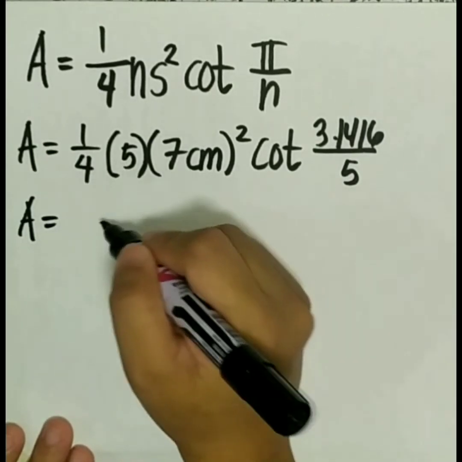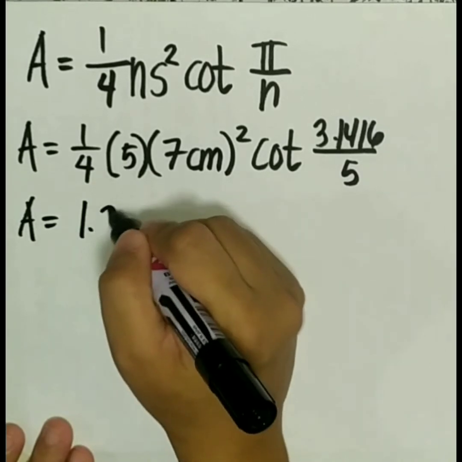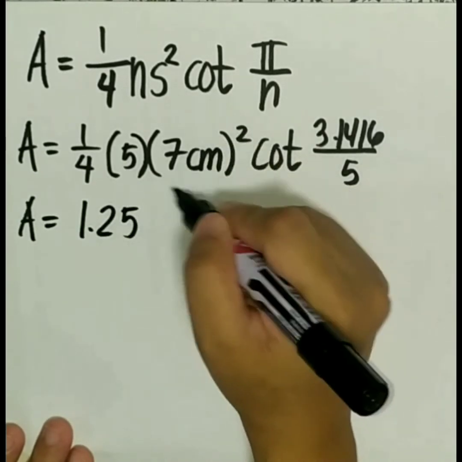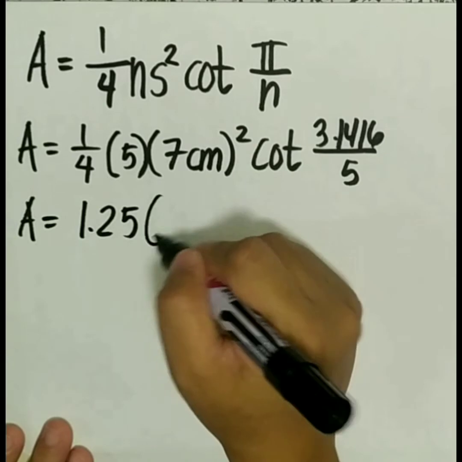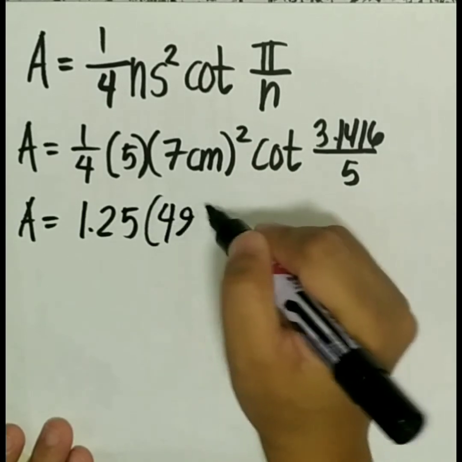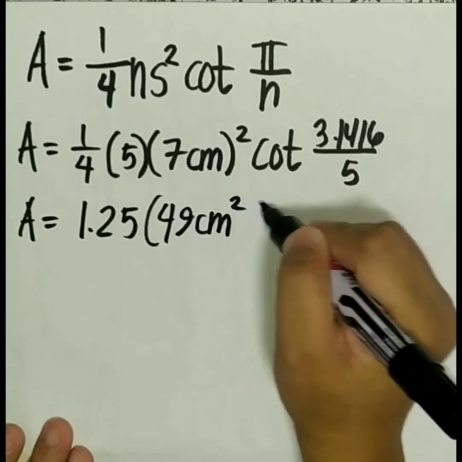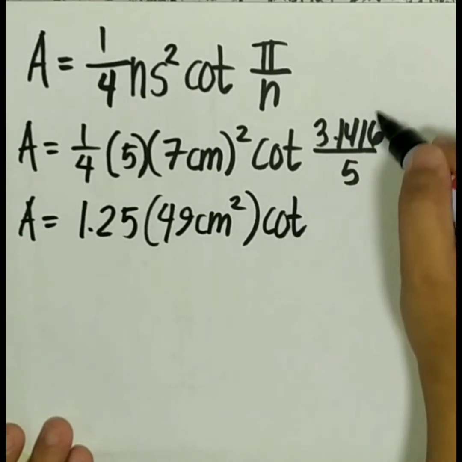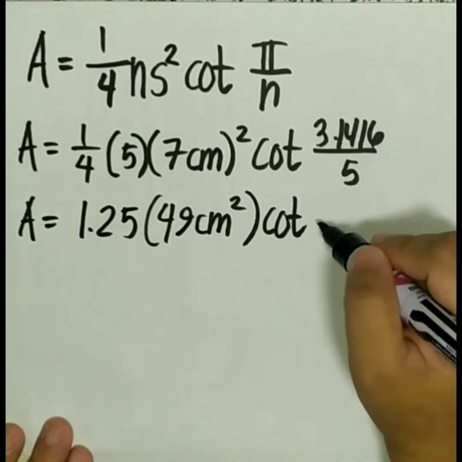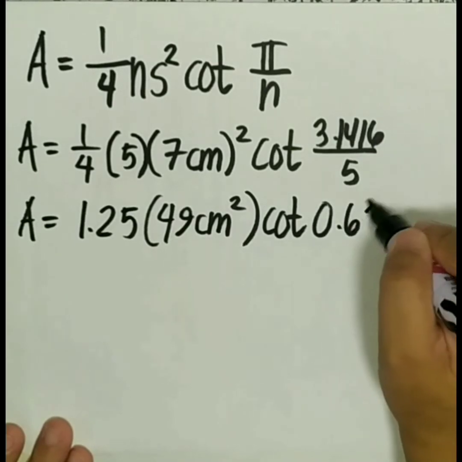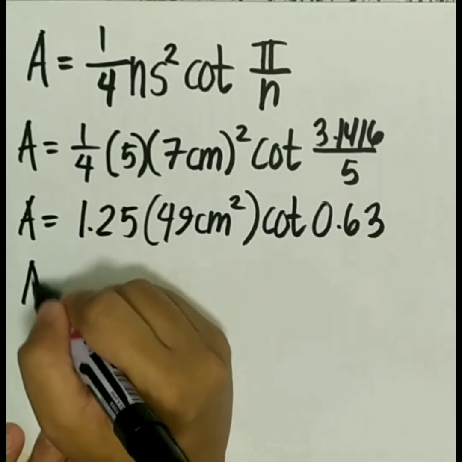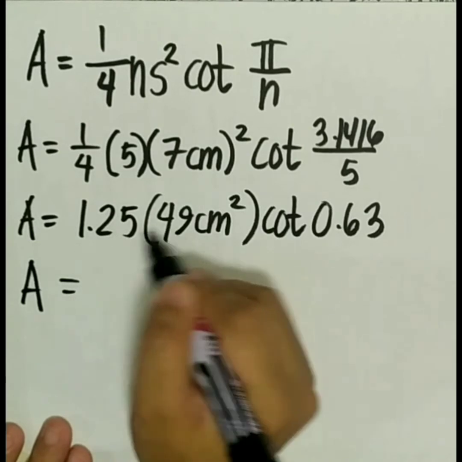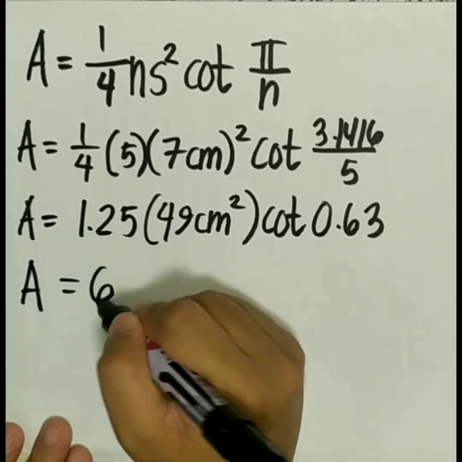Let us multiply 1/4 and 5, so we will get 1.25 times 7 squared is 49 centimeters squared. Cotangent, let us divide 3.1416 and 5. We will get 0.63.